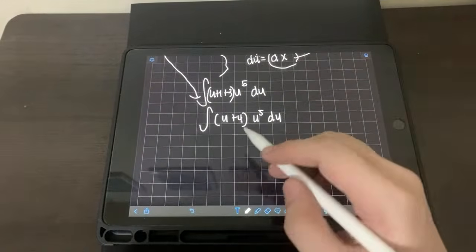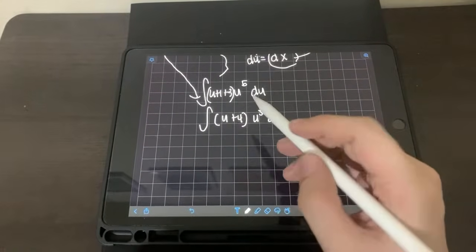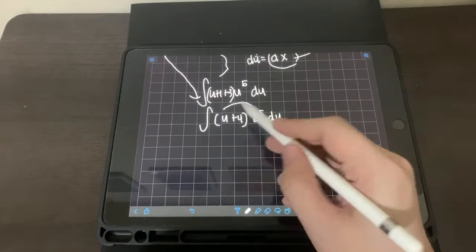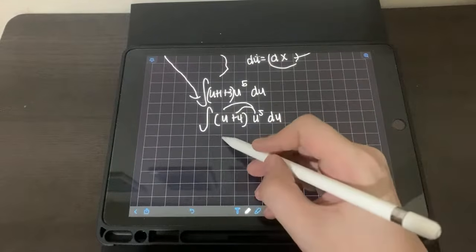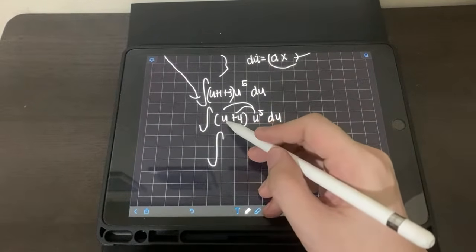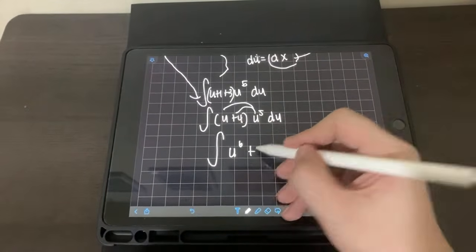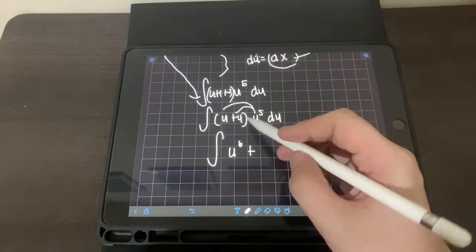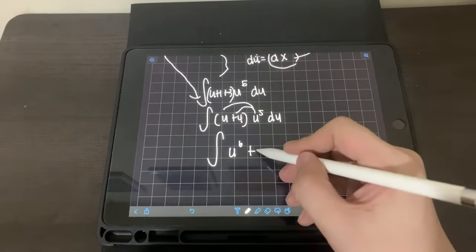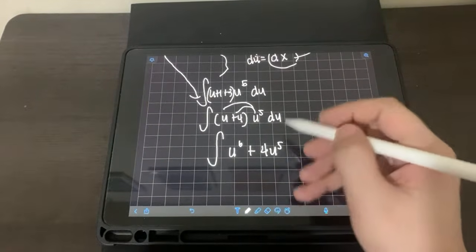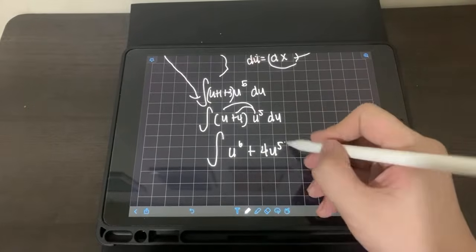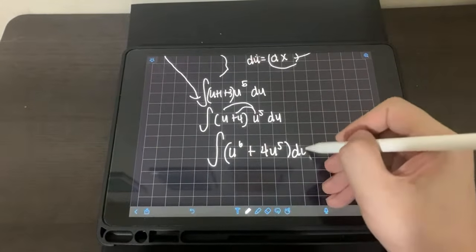Now, to evaluate this, apply first the distributive property. You can distribute u to the 5th to every term. You multiply u times u to the 5th, u to the 6th, right? Law of exponent. Plus 4 times u to the 5th, 4u to the 5th, quantity times du.